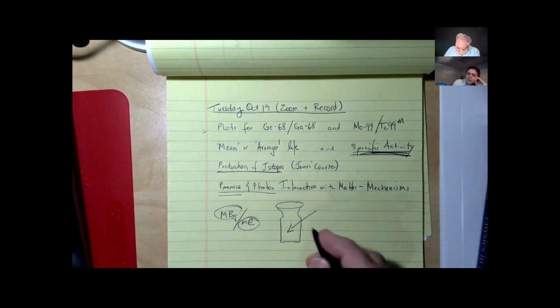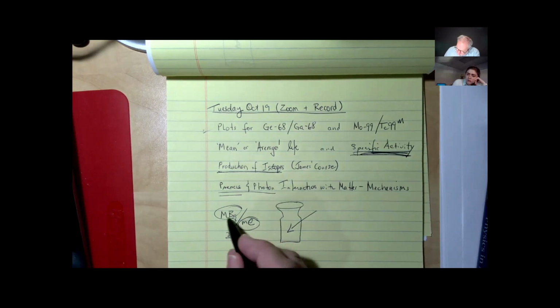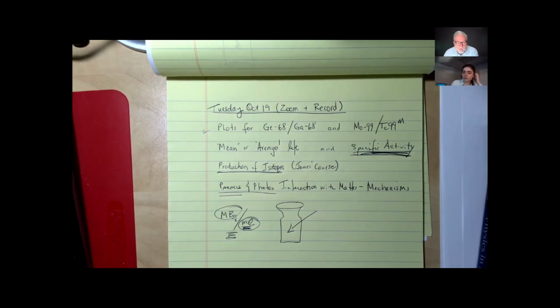So when the time comes to administer to the patient, this is pretty important to know, because the way you know how much activity you're drawing up into the syringe is based on the volume you're pulling in. The technologists will always confirm that by putting the syringe into a dose calibrator.